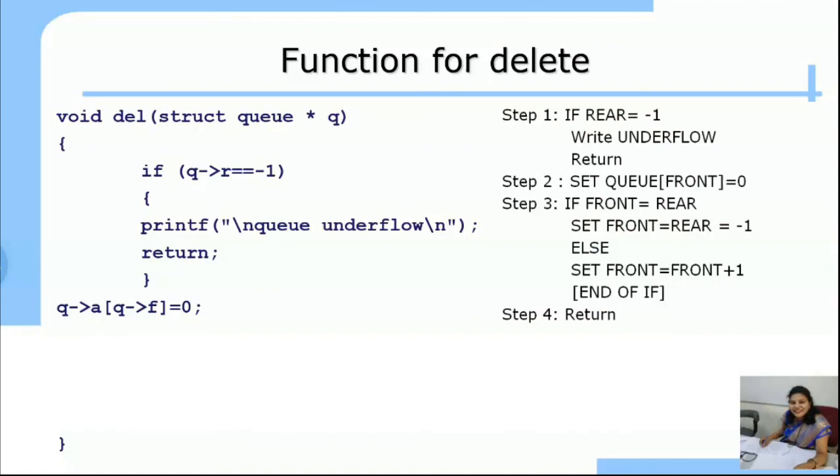Then in step 3 we check if f is equal to r, front is equal to rear. So we write: if q of f is equal to q of r, then q of f and q of r are equal to -1. Otherwise, else q of f plus plus. So this is the function for the delete operation.